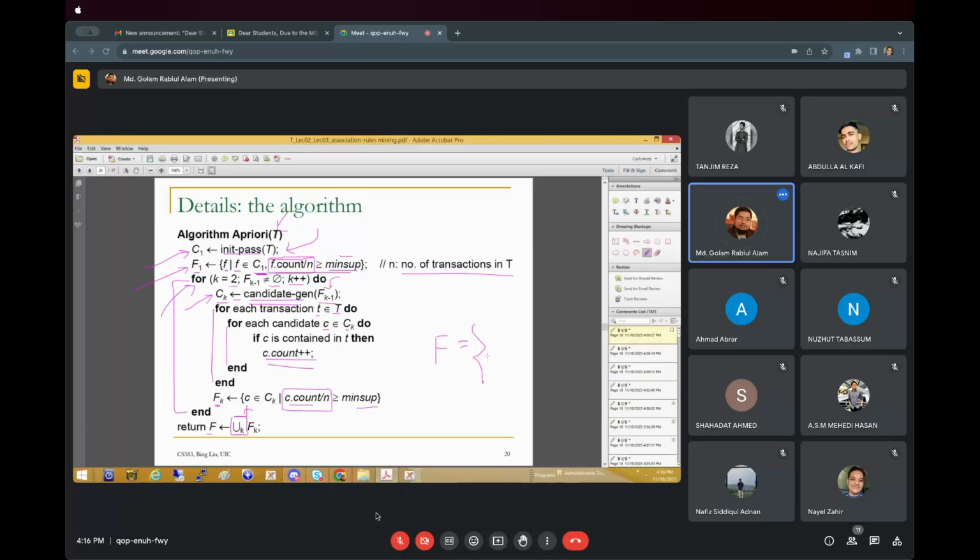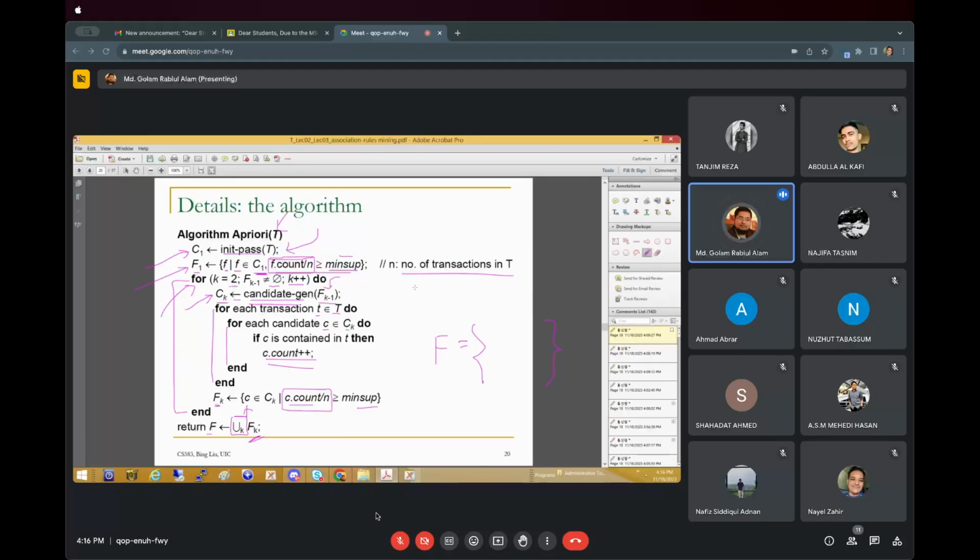We have to add all the item sets. So here is the return: the union of the frequent item sets F of k. In the frequent item set of k, we just assign all the items there. So this is how we will get the frequent item set.